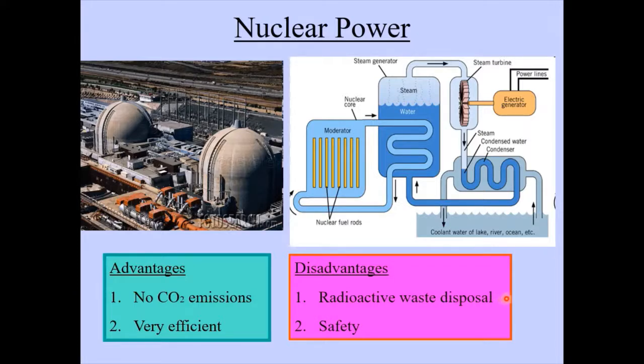So even if we pack these things away and put them in barrels and bury them in a cave somewhere, hundreds or thousands of years from now, those barrels may deteriorate and this radioactive waste can leak out. So the question of what to do with the waste is a big downside to nuclear power.